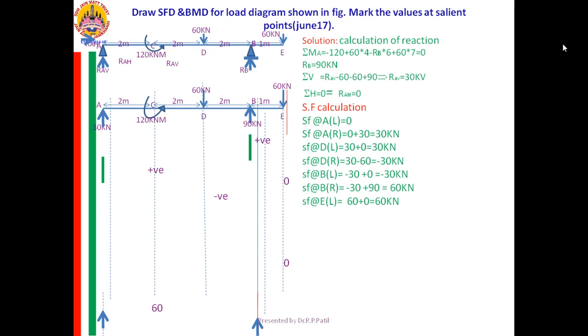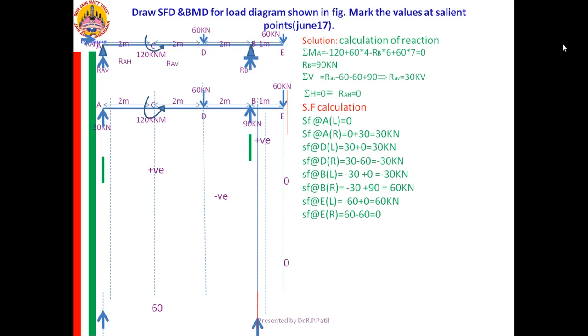What is the new entry there? 60 kilonewton is carrying the left part down. Therefore it is minus 60. Already 60 is there with me, plus this minus 60 will become 60 minus 60 equal to 0. So I have done SF calculations.